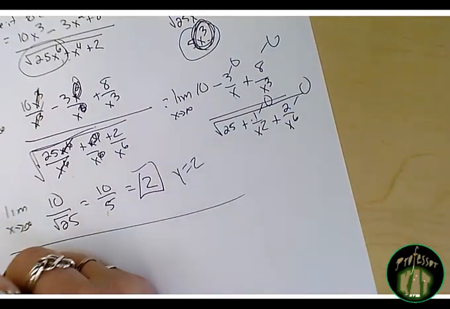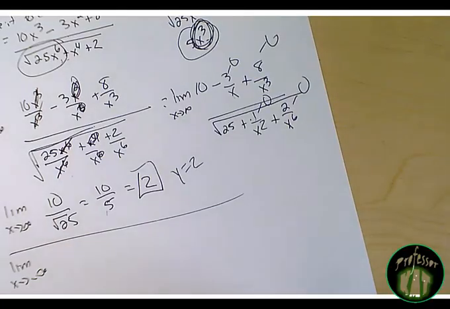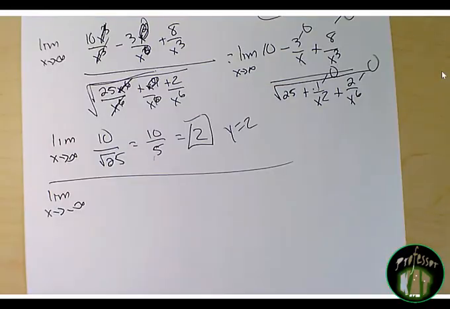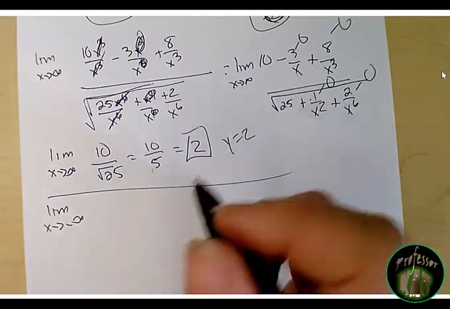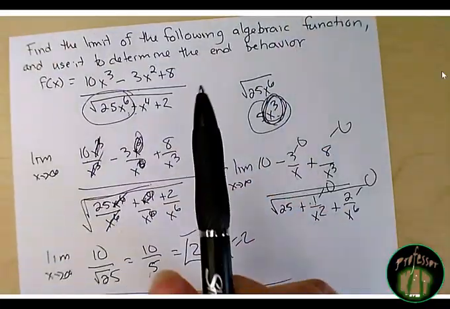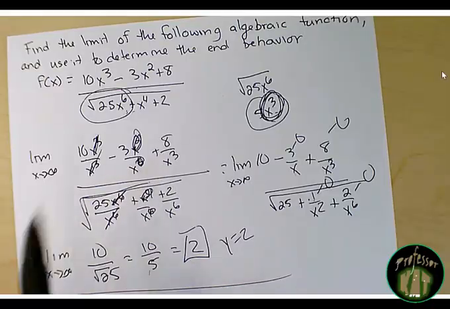Now, same process here. Let's find the limit as x approaches negative infinity. Since x is approaching negative infinity, we do need to take that into consideration with this one here. So we are working with the same function, and we're going to divide the numerator by x cubed.